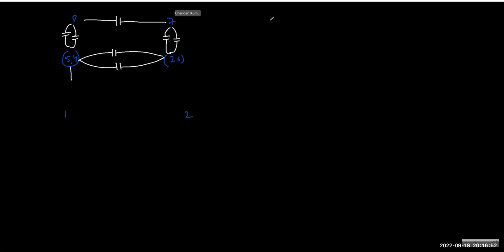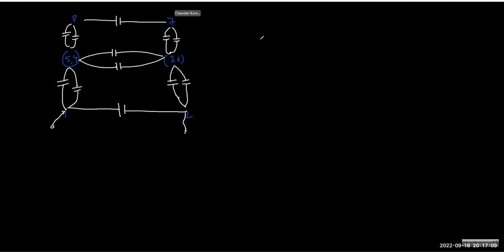Are you guys getting this? What is happening here? Yes, sir. Very good. And now we have one answer between 1 and 2. So now we have the capacitor network.